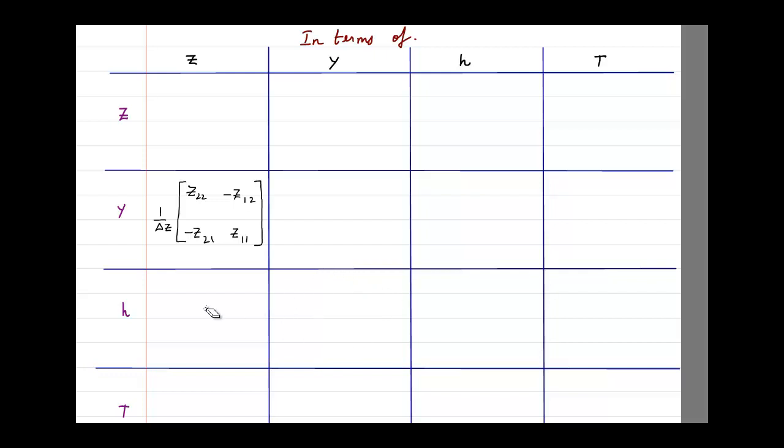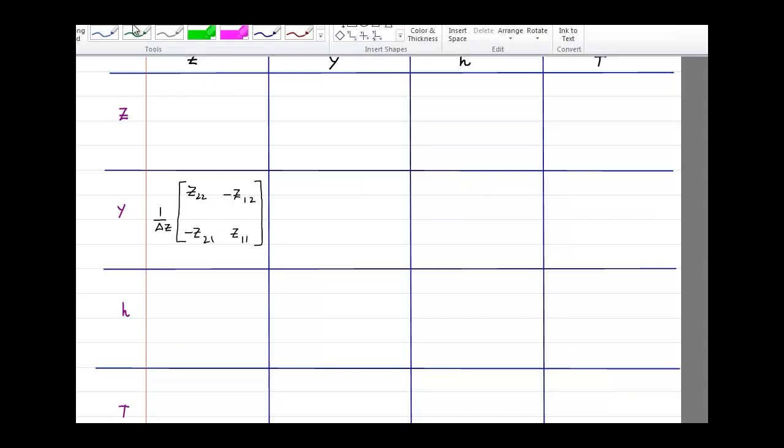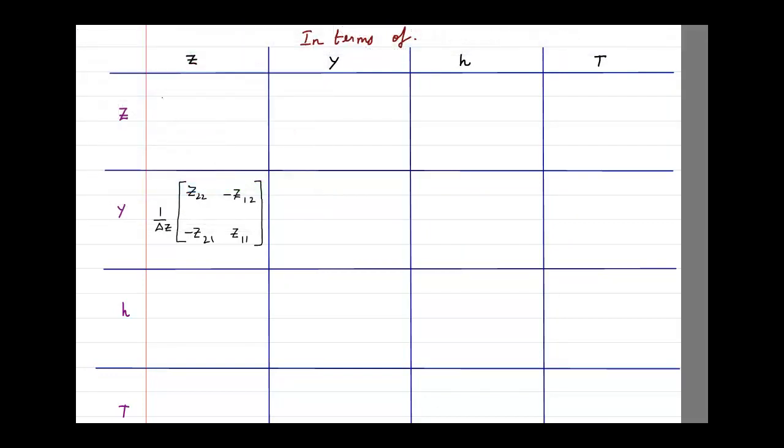This value is h in terms of y, not y in terms of h. So that's why I have written on top in terms of, so that you don't get confused. So as you can see here, y is in terms of z. Now similarly, one thing that we should very categorically write here is that z in terms of z is simply z11, z12, z21, z22.